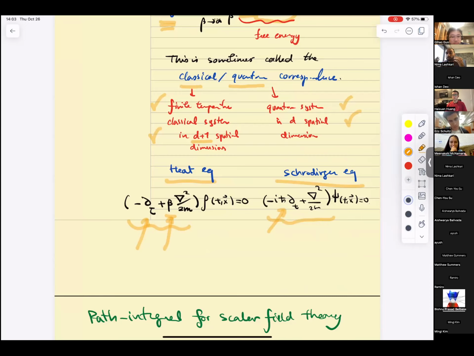And so if you want to have a picture in mind, it is this: at finite temperature, you have thermal fluctuations, right? Because you're at finite temperature, the system exchanges energy with the bath. There's a probability for such an exchange.